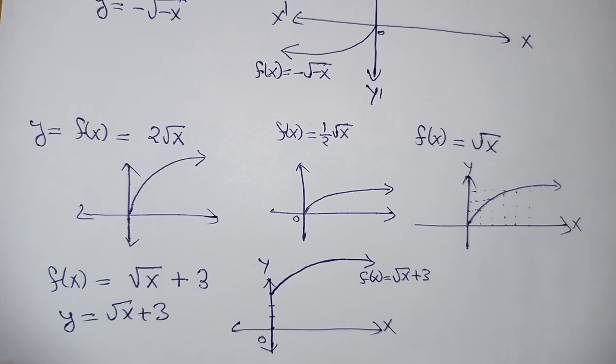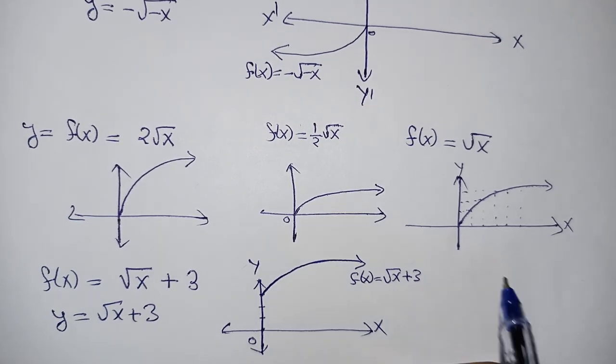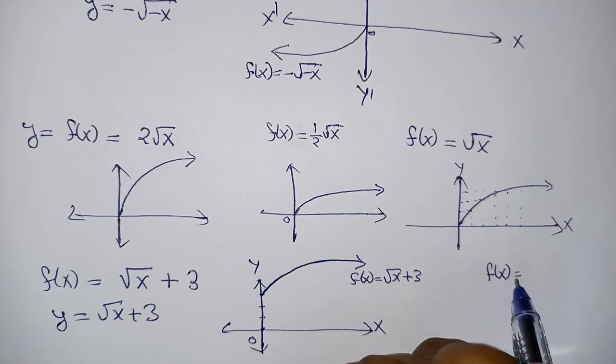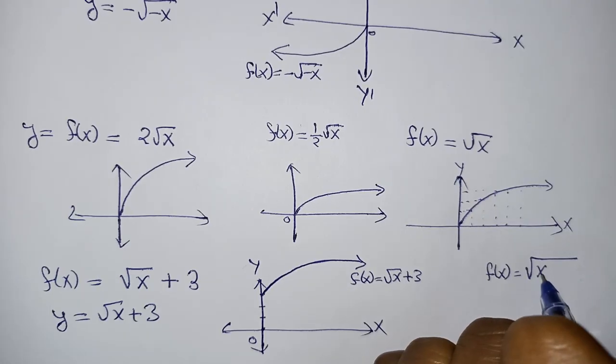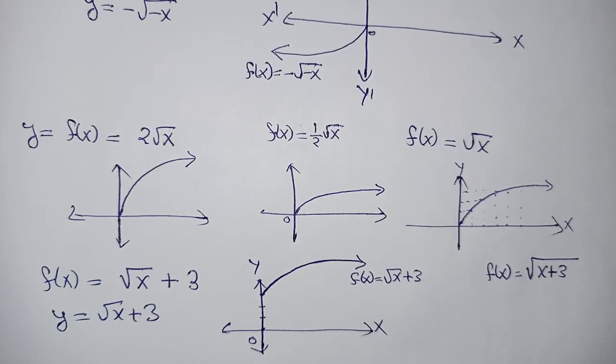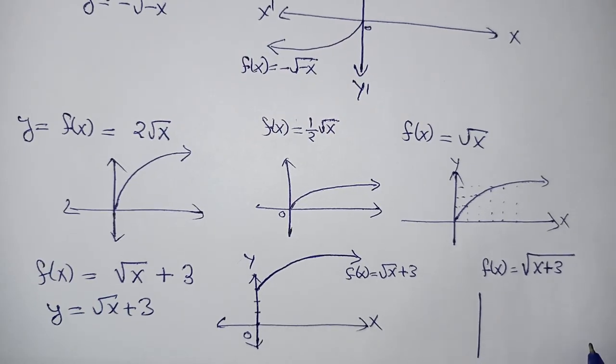And similarly, when we take f of x equal square root of x plus 3, that is, we are adding inside the square root. So this will be like this. Initially the graph started from the origin, but we are adding plus 3 on x.